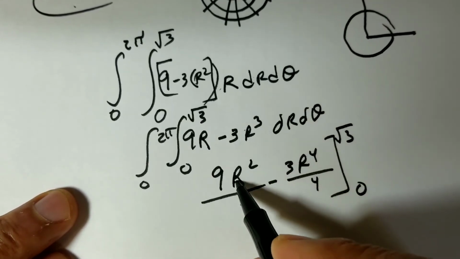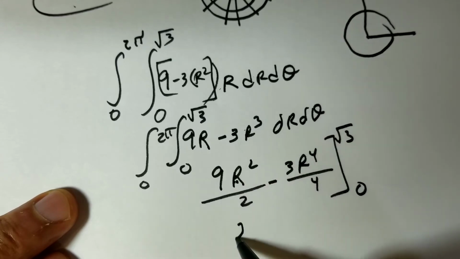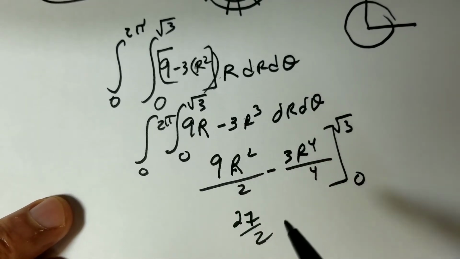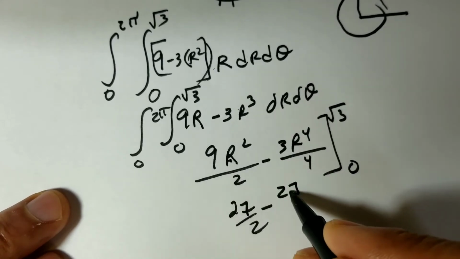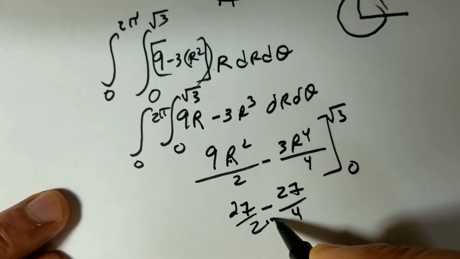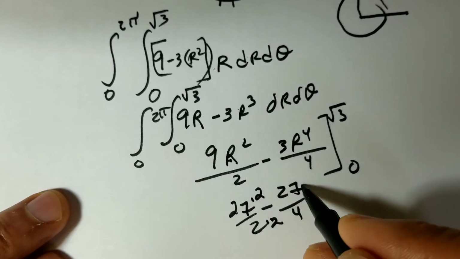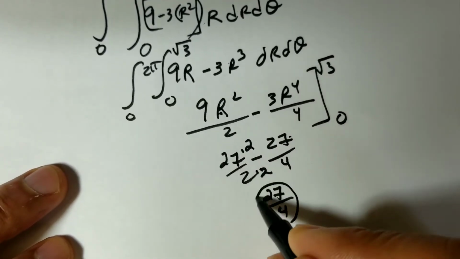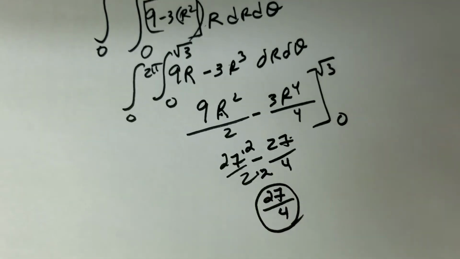When I square the radical 3, it becomes 3. 9 times 3 is 27. To the power of 4 becomes 9, 9 times 3 is 27 over 4. I multiply by 2, that's 54 minus 27 is 27/4. I may have made a mistake on the calculation, but I'm sure you're going to check it.